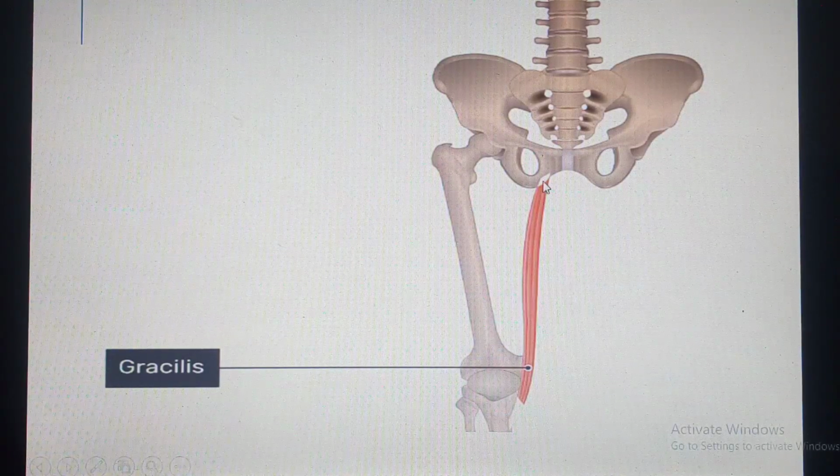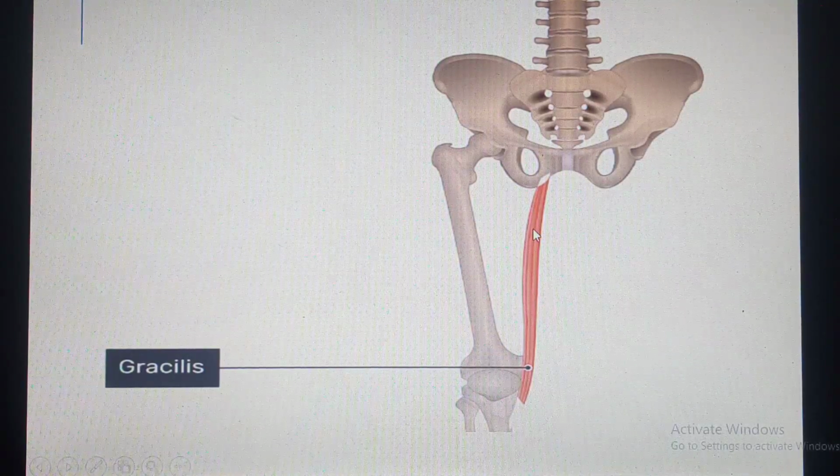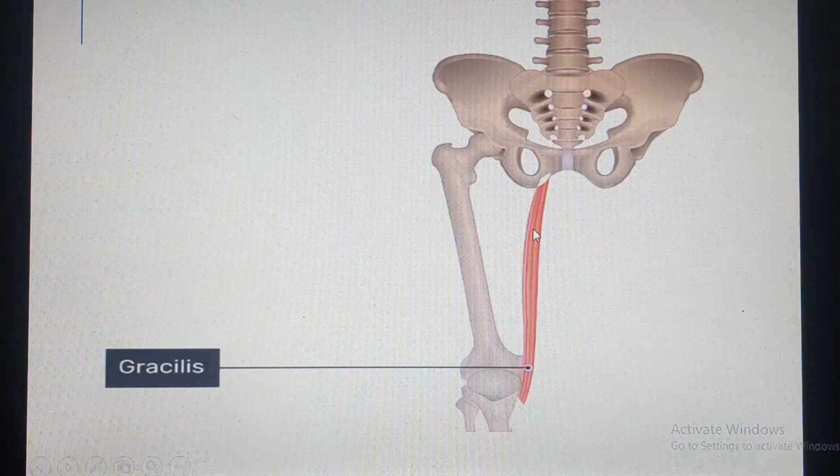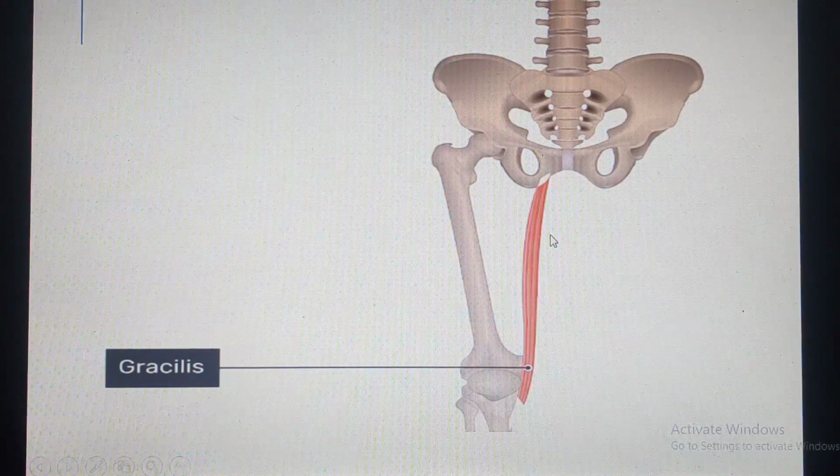Now remember that this muscle is the most medial muscle in the medial compartment of the thigh. These things are very important. You have to anticipate where these muscles are. You have to know whether it's more lateral, more medial, so that in transverse sections you can easily identify these muscles.